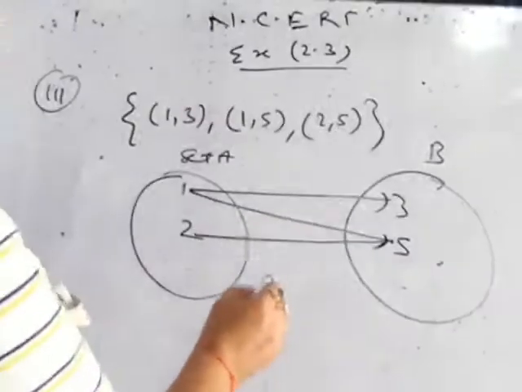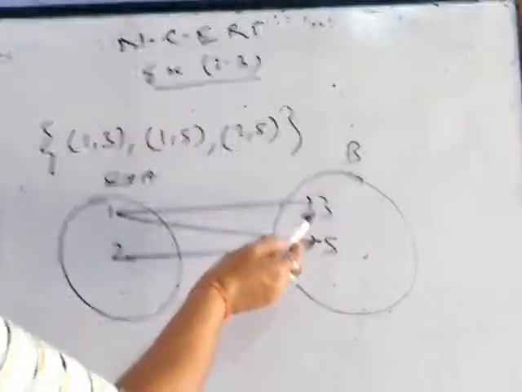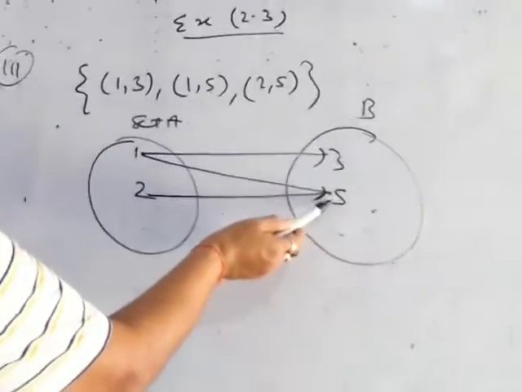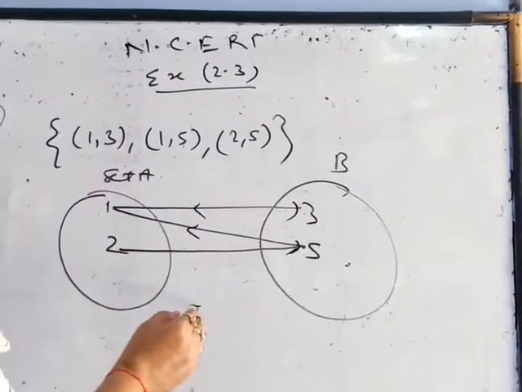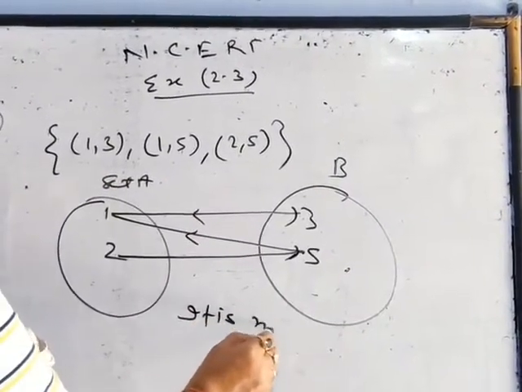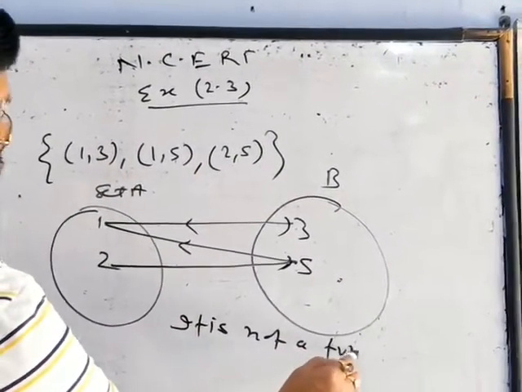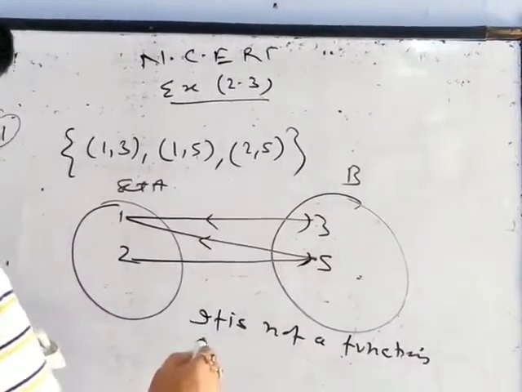So here it is not a function. It is a relation, because one element of the domain is related to two distinct elements of the codomain. So it is not a function. It is a relation.